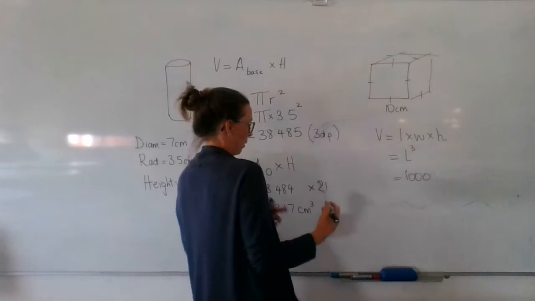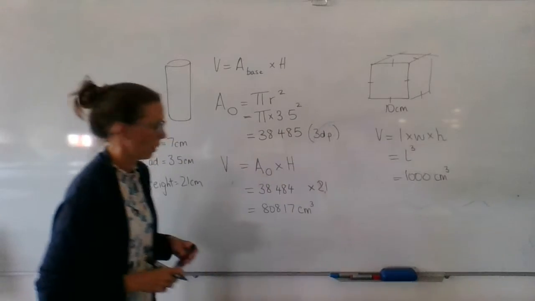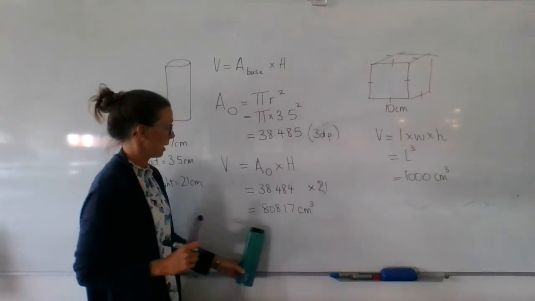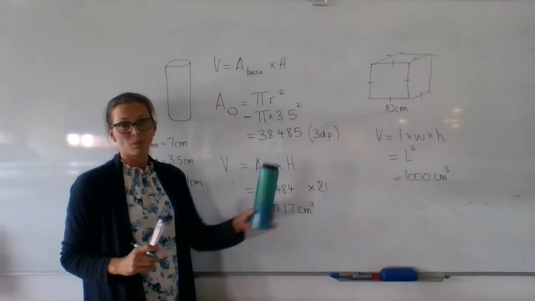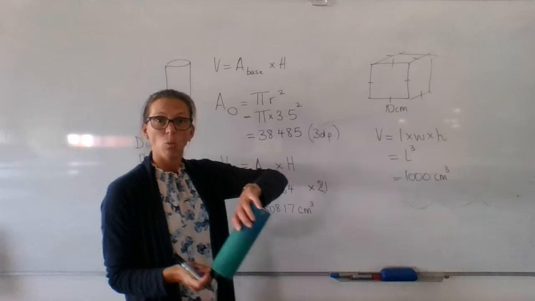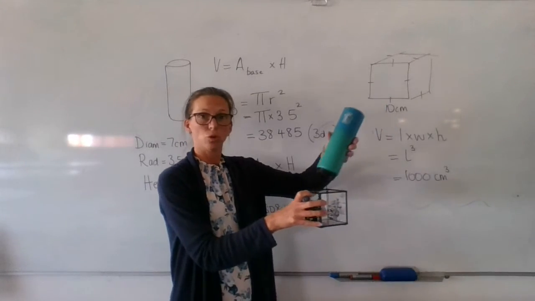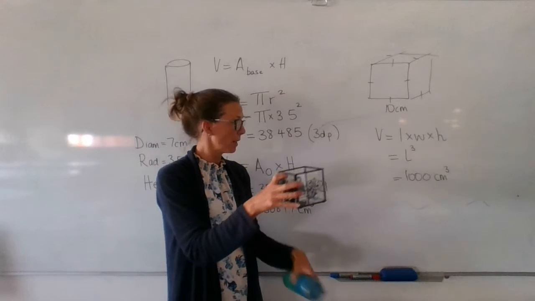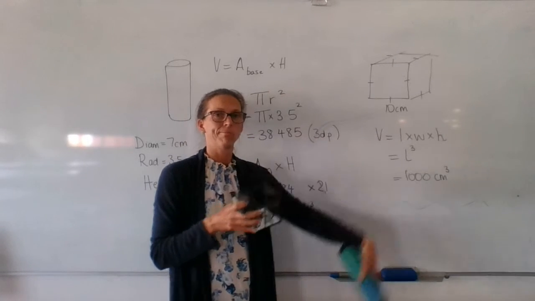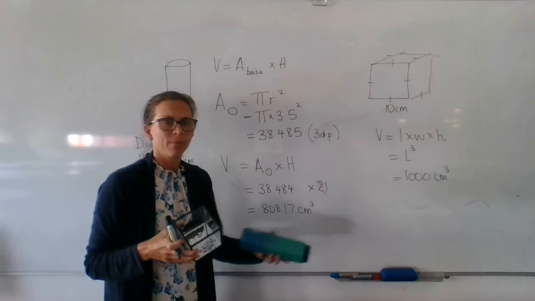So we get 1,000 cubic centimetres. If I had water in here, the volume of that was 808 cubic centimetres. So if I poured it, it would go into my cube, but my cube would have a bit of space at the top because my cube fits 1,000 cubic centimetres in it. So it does fit in.